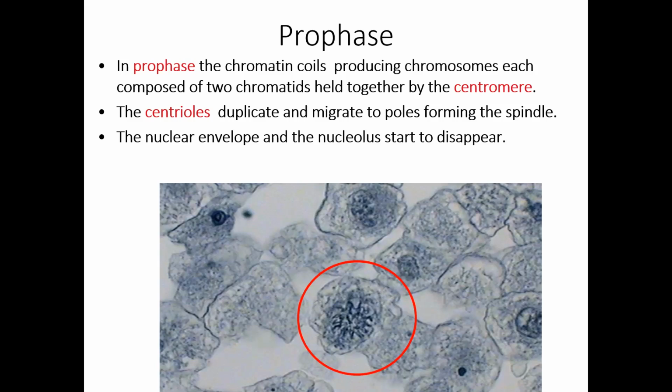The chromosomes start to migrate towards the middle of the cell, and we see something called spindle fibers start to form. Spindle fibers are fibers that are going to go, and some are going to attach to the chromosomes to pull them or push them to opposite ends of the cell, and others are just going to be pushing on the cytoplasm to push it around too. So this is prophase, very quick, very brief phase.